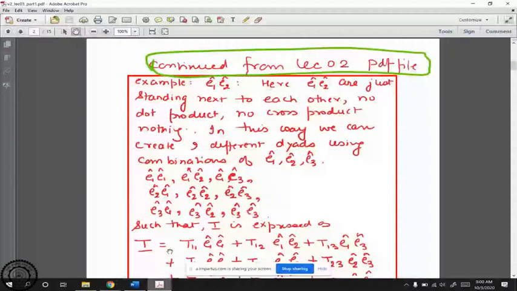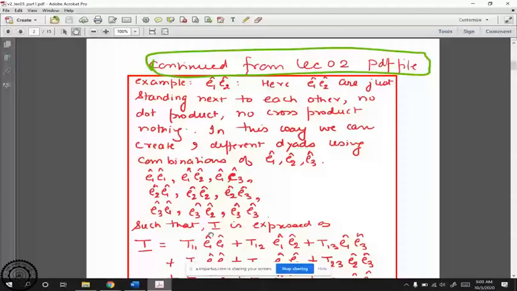All right, so we will get started. Last class I was talking about the idea of dyads. A dyad is a combination of two unit vectors standing next to each other and doing nothing. No dot product, no cross product.